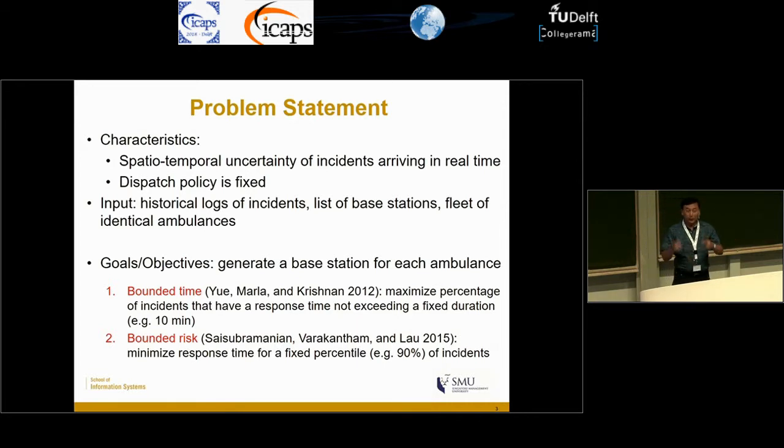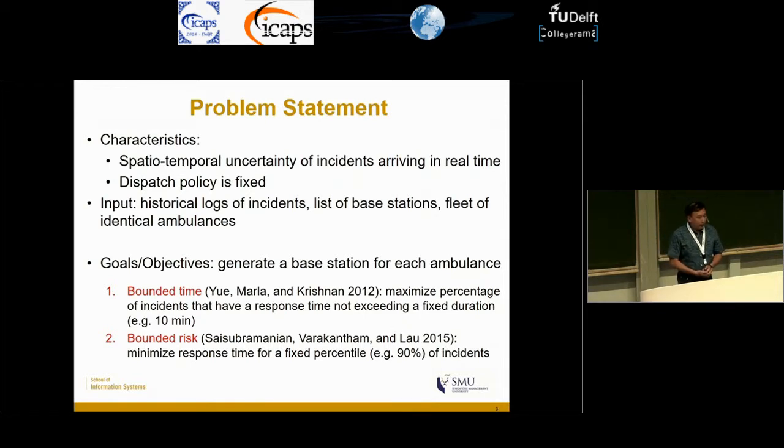No, the allocation has to be produced a priori, such that it has to deal with incidents that arise in real time, and it should still work. Okay? So we also assume that a certain dispatch policy is given. Typically, such a dispatch policy is fixed. It could be the nearest neighbor, like I mentioned just now.